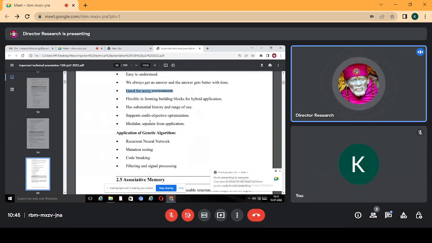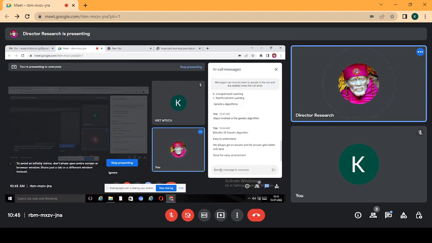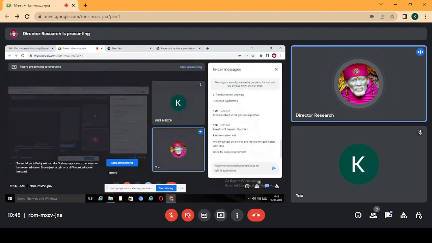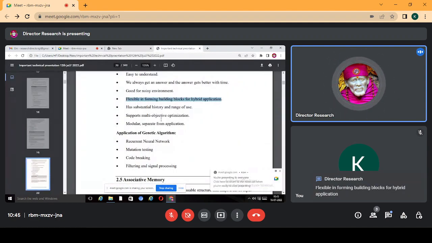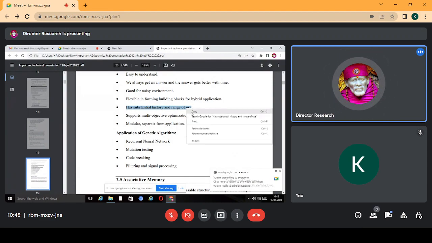Flexible in formatting and building blocks of hybrid applications. Has sustainable history and range of use.